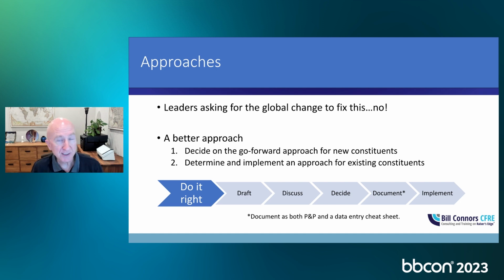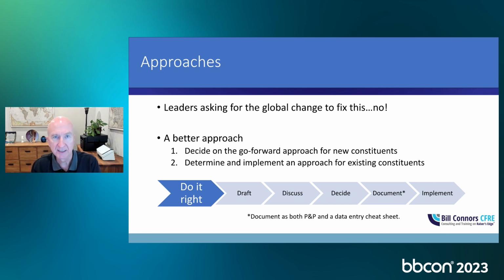That's what this presentation is about, to help you understand and formulate the topics and how to walk through those topics with your team to do this more smartly. What I recommend instead is a two-pronged approach. First of all, sit down with your colleagues, and you've got to do this with your colleagues.